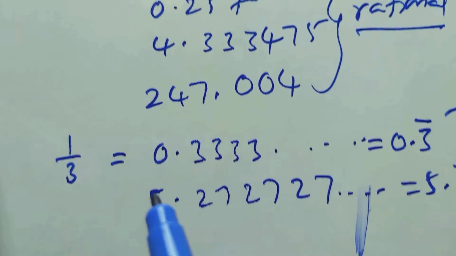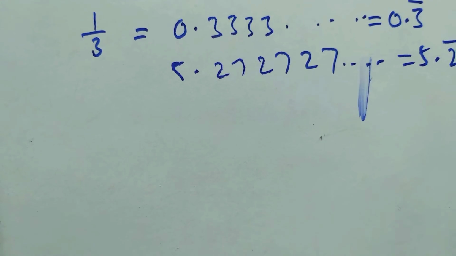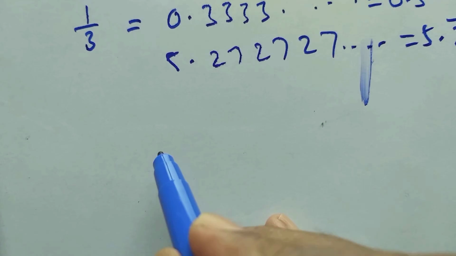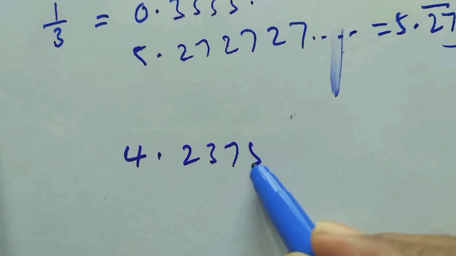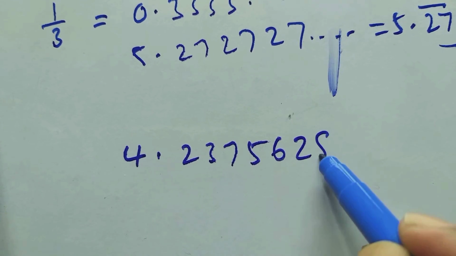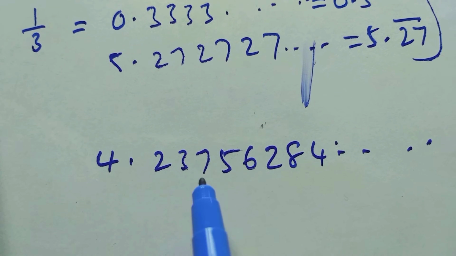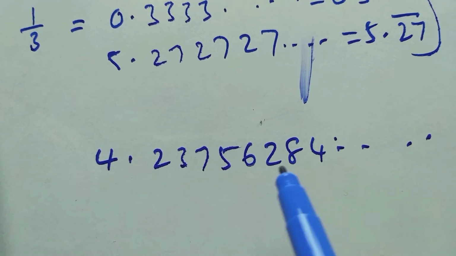We are learning rational numbers in order to learn irrational numbers. What about an irrational number? In this type of decimal number, if you find a number like 4.237562858, you can see that 23756 came again, but 8 is not repeating.